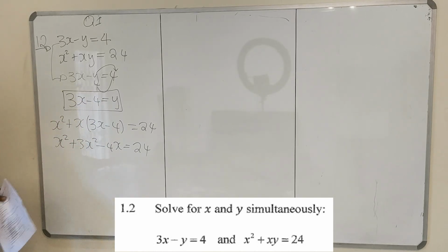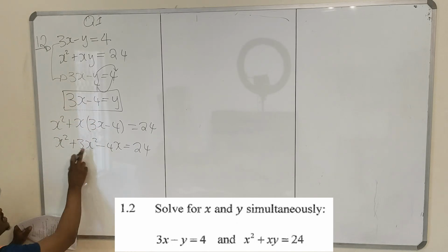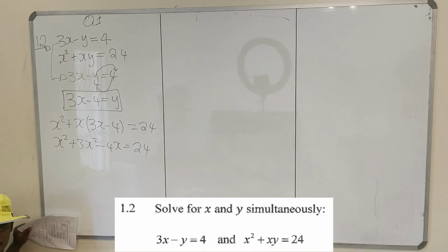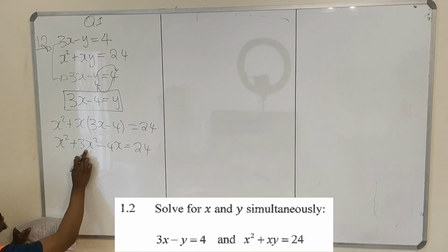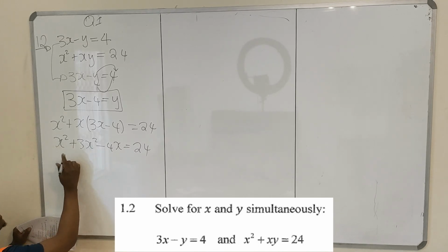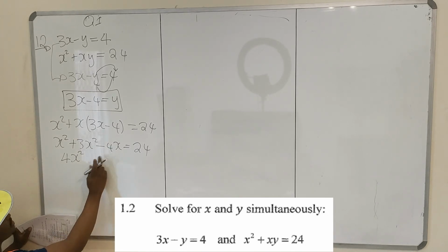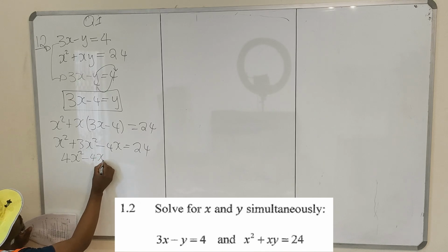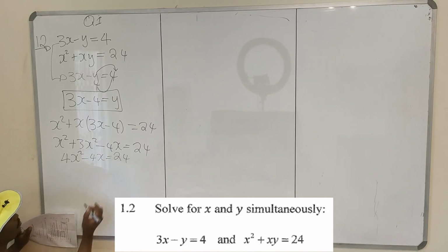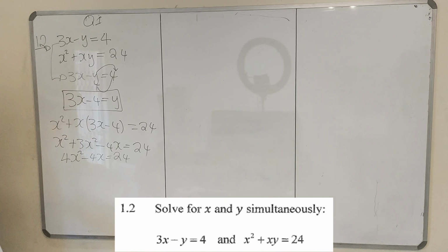What do you do from here? Just group like terms. So this and this, they are both squares, right? So they belong to the same class. So you add these two. This plus this is 4, there's 24 of them. This one doesn't have anything that looks like it. So minus 4x is equal to 24. So, if you look at it, this is the question 1.1.1 situation.